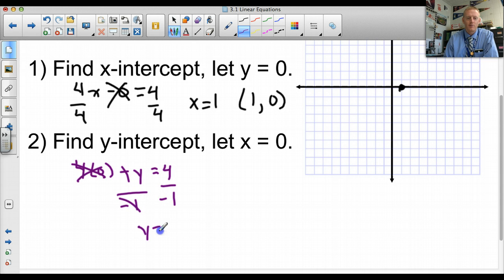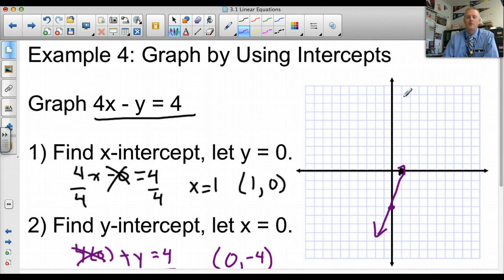So y is equal to negative 4. So if y is negative 4, x is 0, and we can graph that. So we just go down 1, 2, 3, 4, and then all I have to do is connect the dots. Okay? This is how you graph using the intercepts.